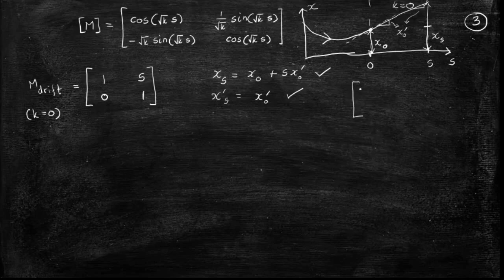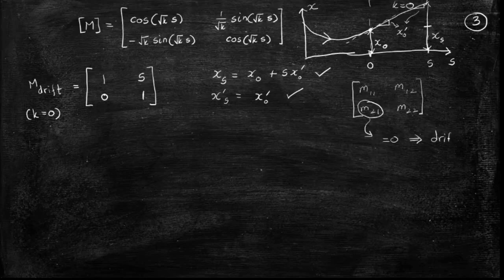Let me write this in a better manner. We have this matrix which has 4 entries, right? M11, M12, M21 and M22. Out of that, this one seems to play a crucial role, because when it is equal to 0, it implies a drift region, that we have seen.